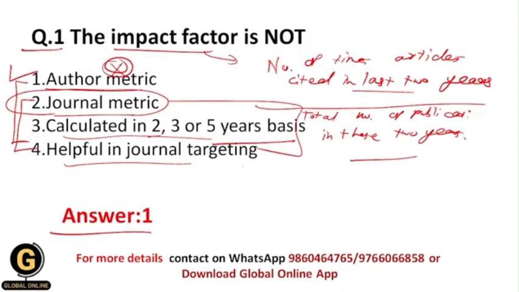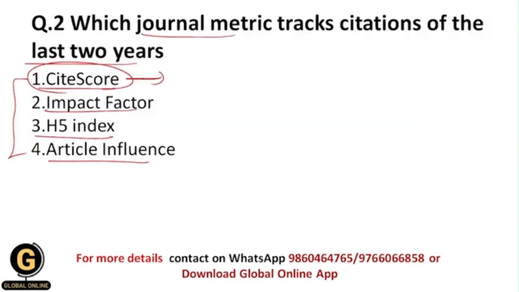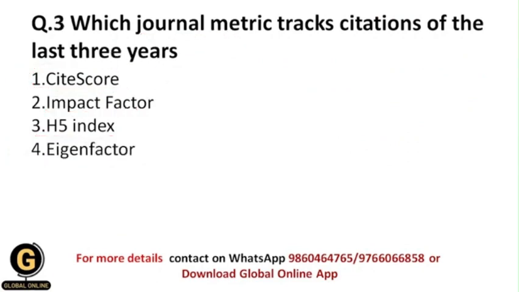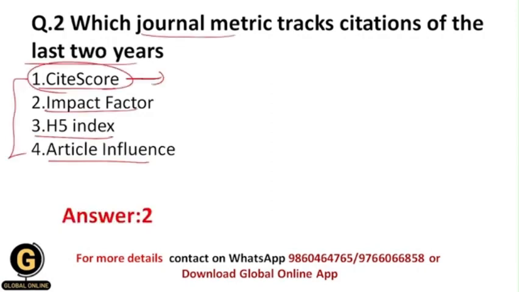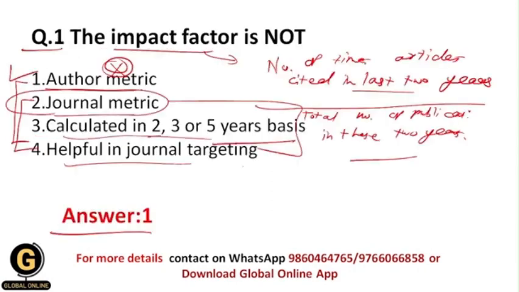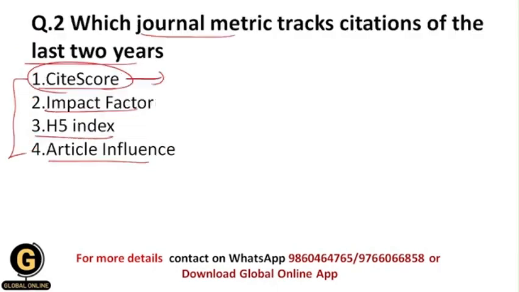So as we have seen the formula for impact factor, where the number of times articles cited is for the last 2 years, here within the cite score, the articles we include are for the last 4 years. Okay, and that's why your formula for cite score will be the number of times articles cited in the last 4 years upon the total number of publications in these 4 years.